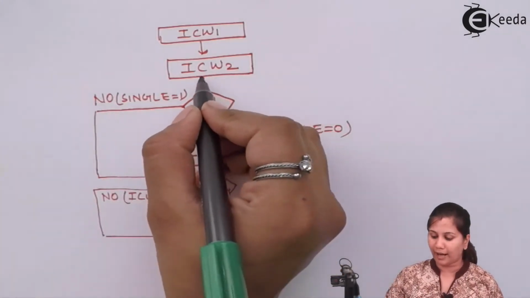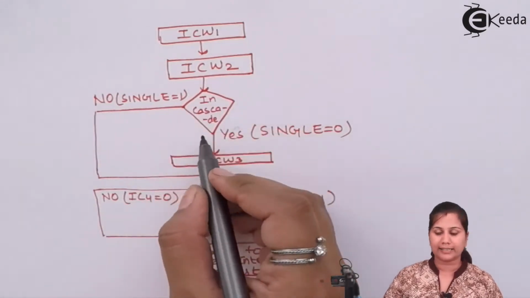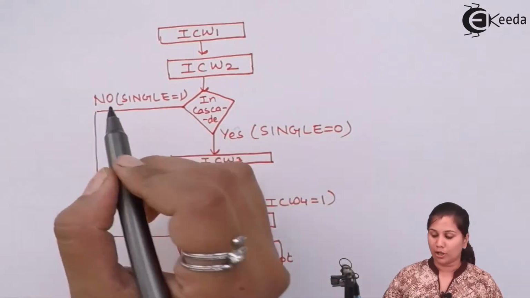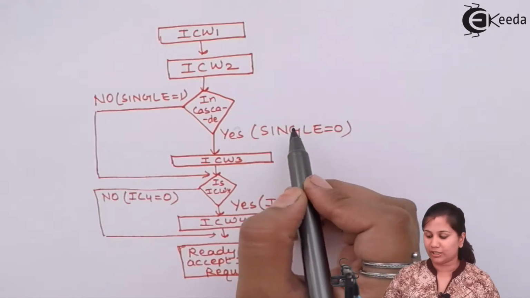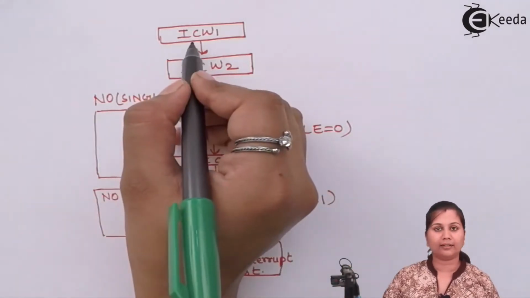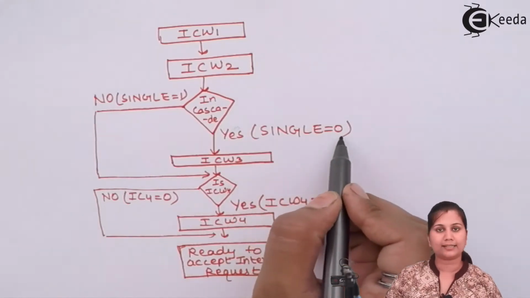So after this ICW2, it is checked whether it is in cascade mode or not. It will be in cascade mode when the single line, which is given in the initialization command word first, is 0.